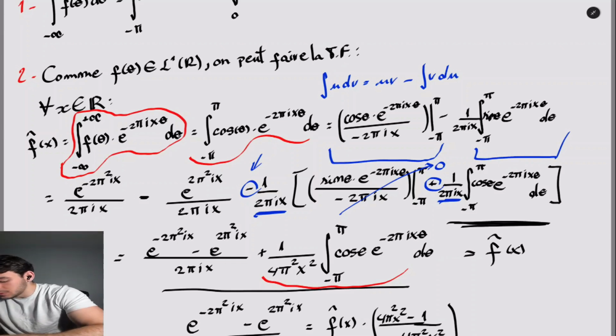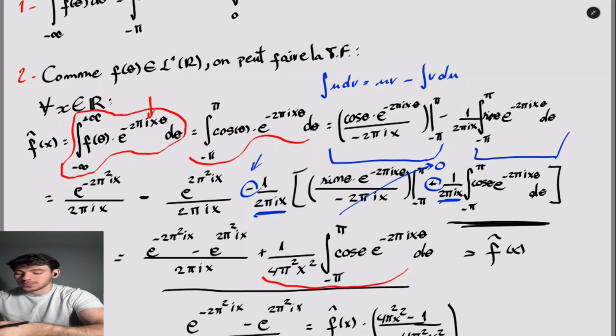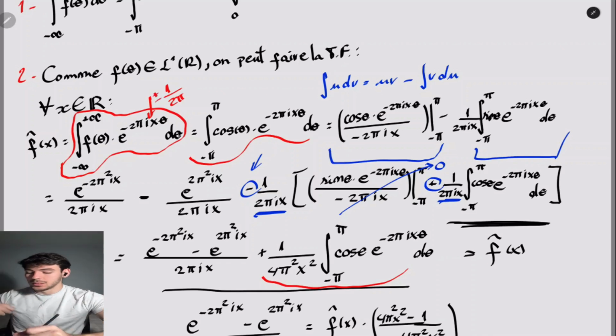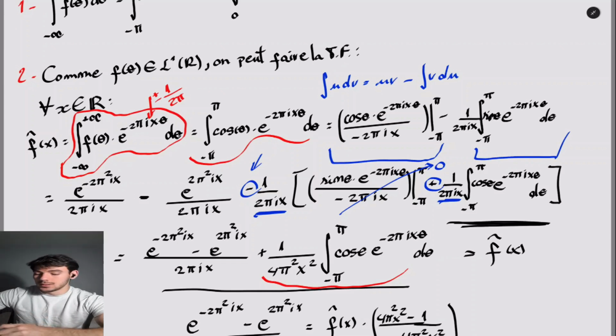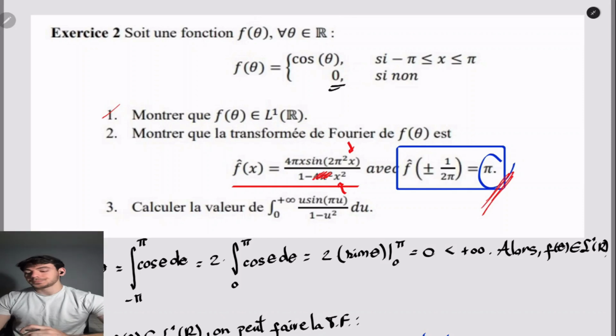So you can substitute here in your x, because when you're integrating, you're considering that x is a constant. So you can determine this constant by substituting the values plus and minus 1 divided by 2 pi here and do the integration again. This will give you the right answer. This will show that the value is pi.